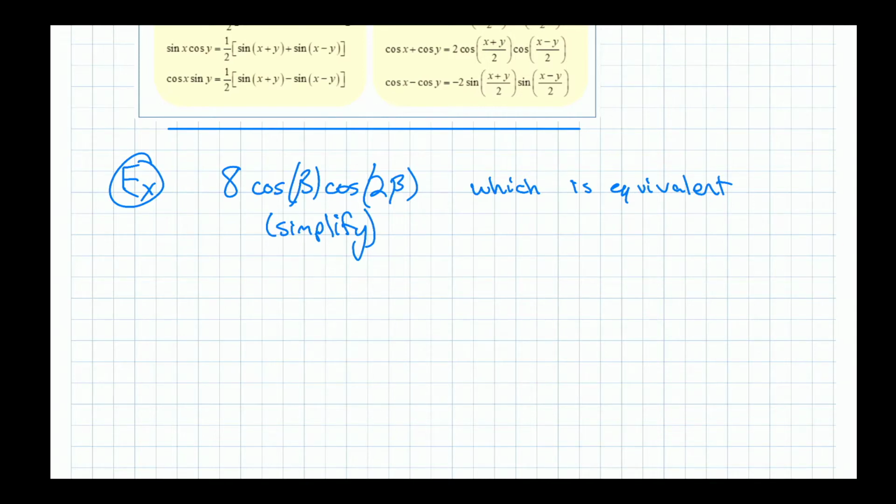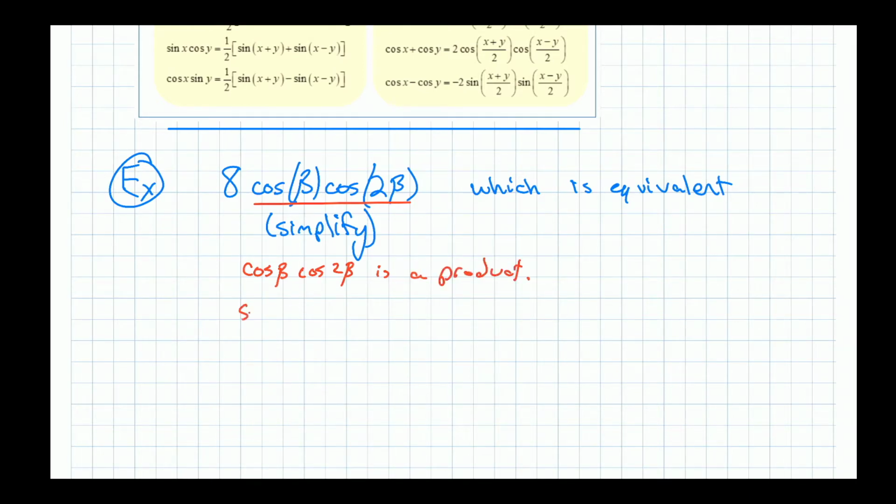All right, and the way you would use these identities is you would ask, first of all, what are we trying to do here? Look at this. You've got a cosine times a cosine, right? Multiplication. So that is multiplication, so we're going to use a product to sum rule, right? Because cosine beta, cosine 2 beta is a product.